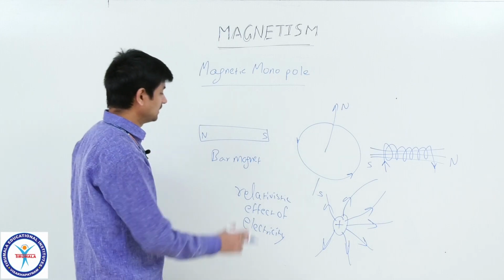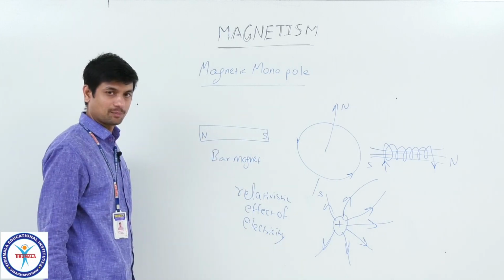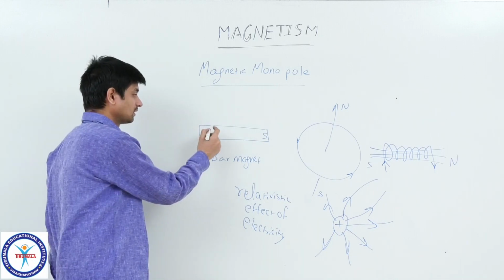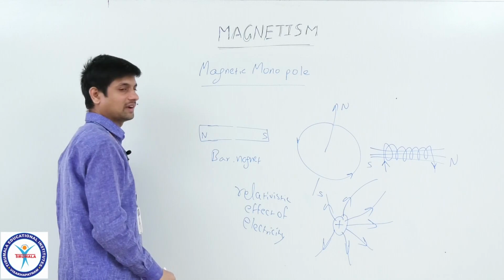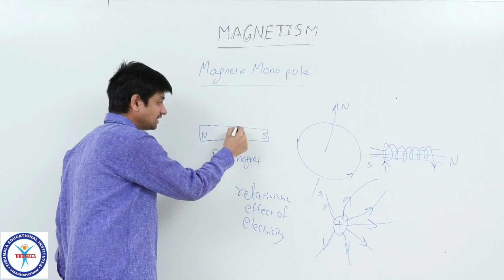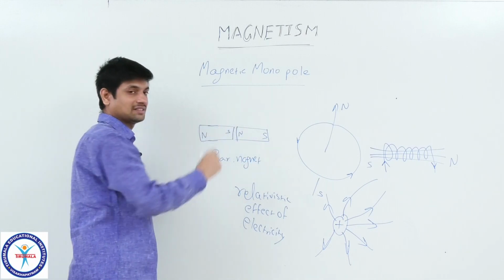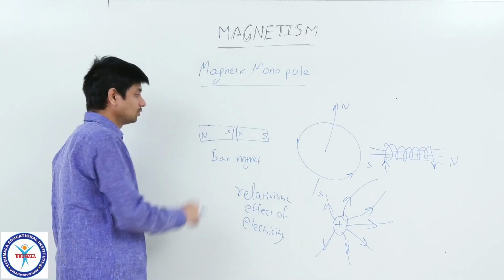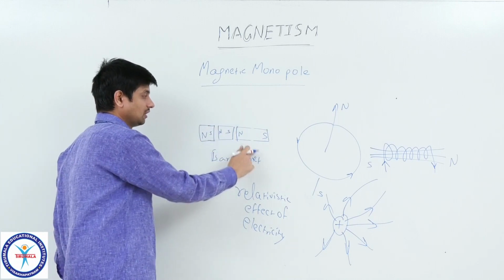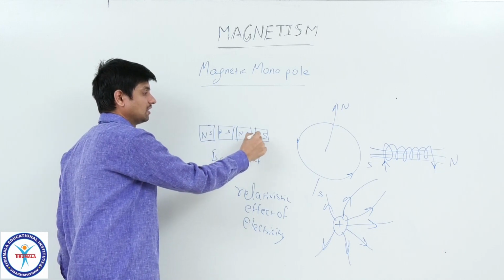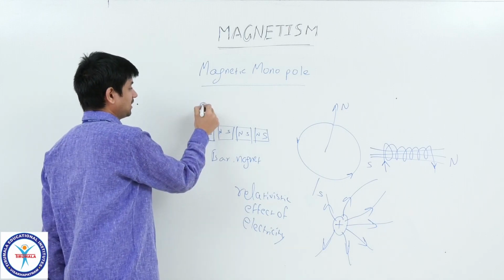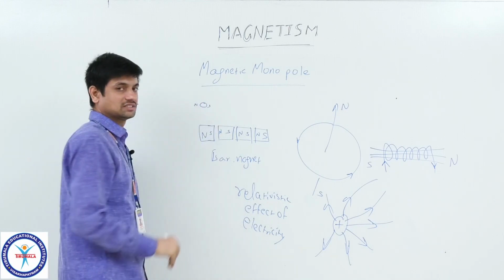But coming to this bar magnet, what happens? I cut this one into two pieces in the middle. Again, this end forms a south pole, this end forms a north pole. Again, I cut into two pieces. Again, this will act as south pole, this will act as north pole, and here south pole, north pole. Even if you cut at the atomic size, the atom also will act as a north pole, south pole.